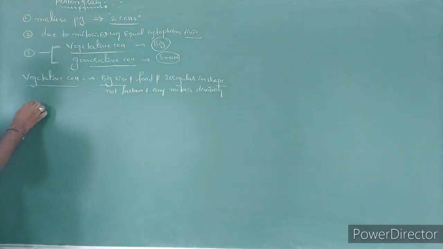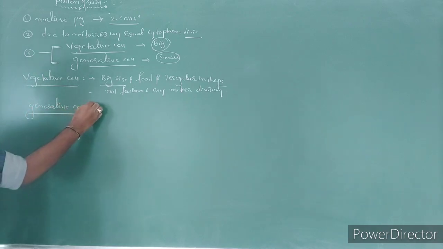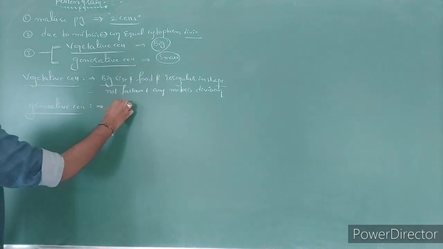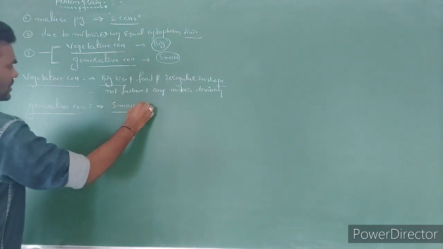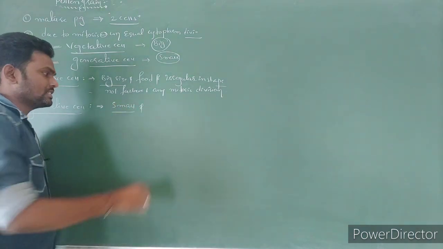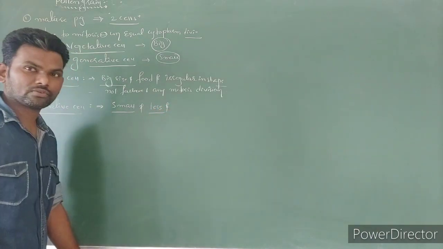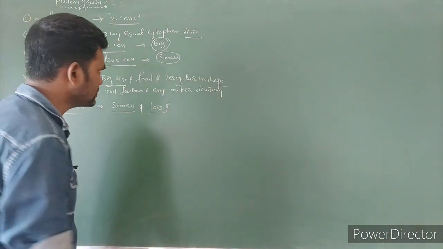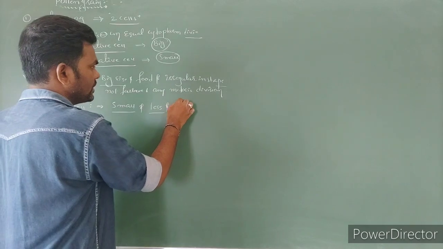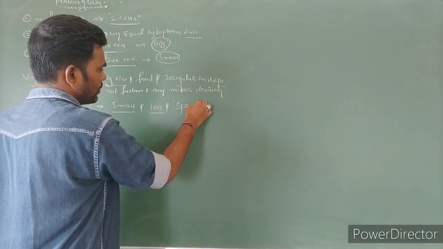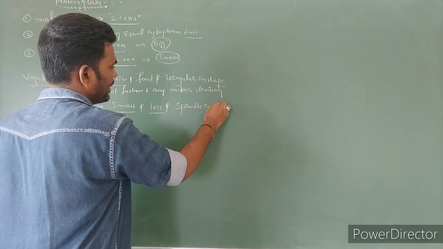Next, the generative cell. The generative cell is small in size and contains less amount of food molecules. Third, mostly it is spindle in shape.